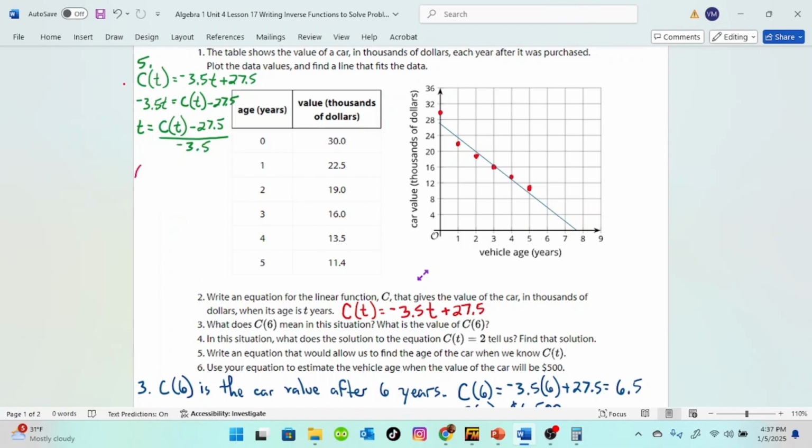Number 6. Use your equation to estimate the vehicle age when the value of the car will be $500.